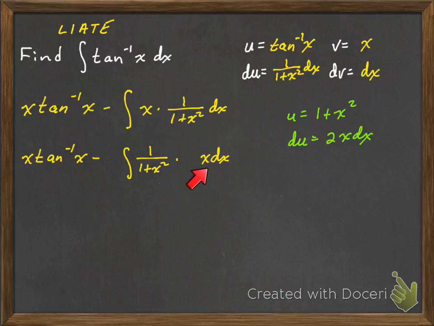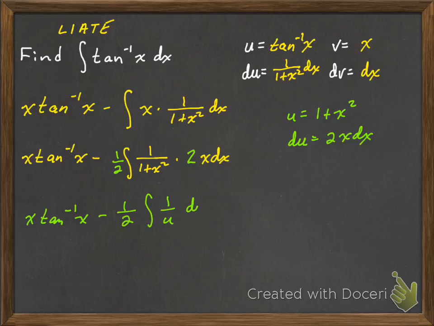Now, in order for this to be du, I need to have a 2 with that x. So we can insert a 2 right here, which means we need to put a 1/2 out in front.